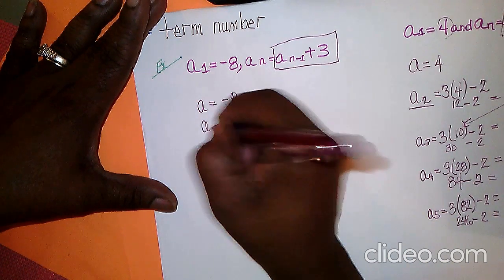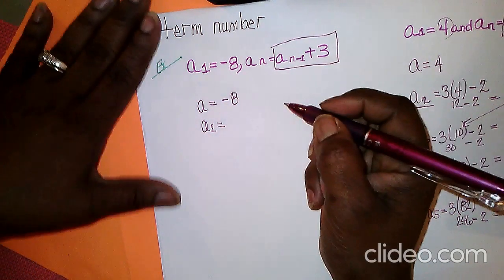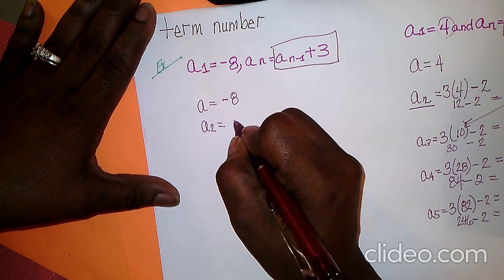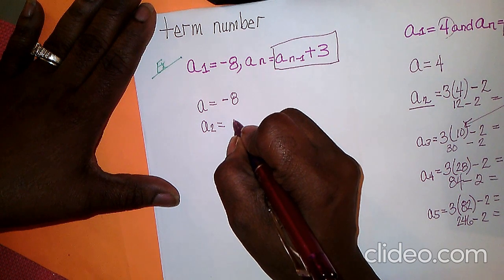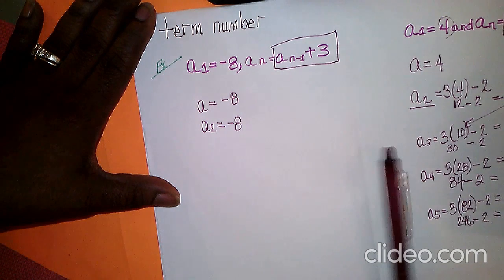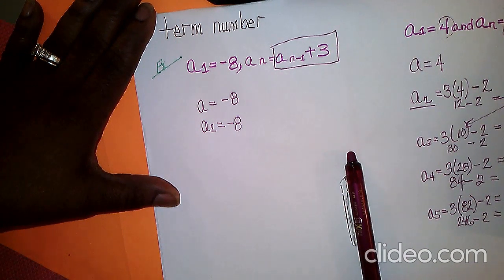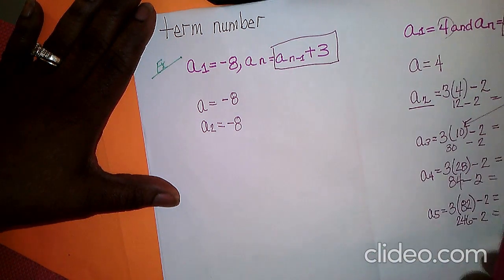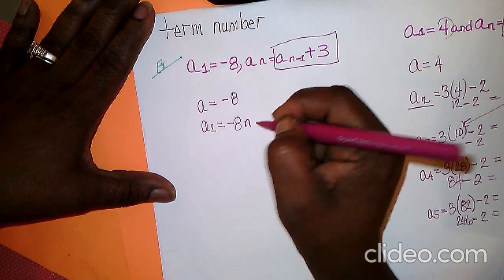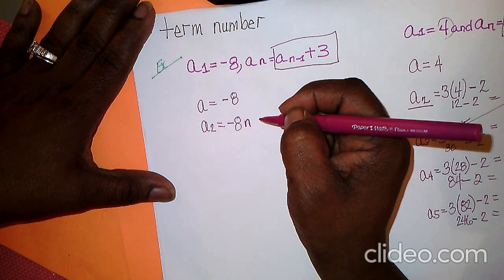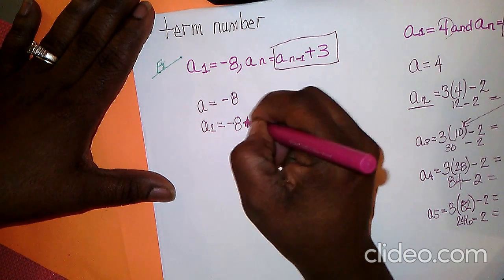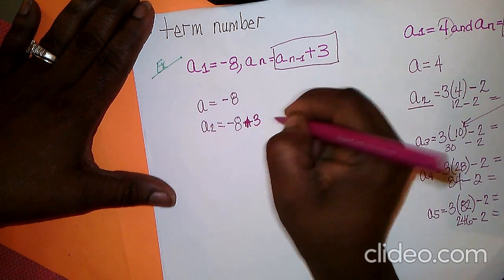Now we're going to go to A2, which is negative 8, n minus 1 plus 3.